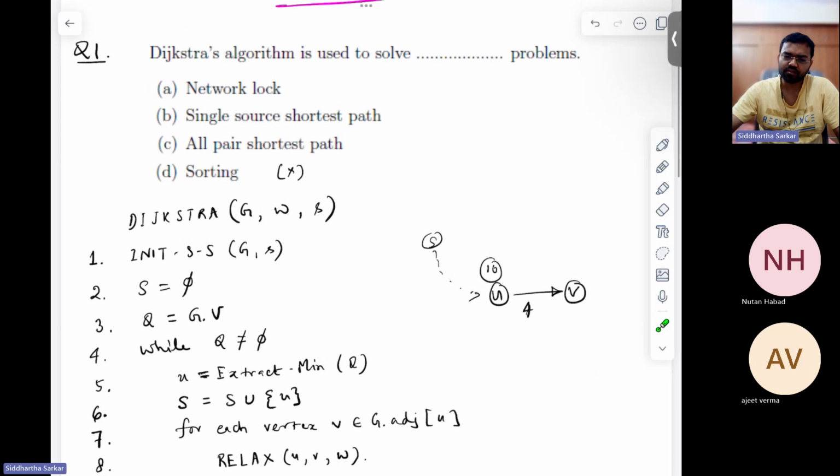So now you can tell me what this algorithm is doing. What is the use of this algorithm? Is it all pairs shortest path, is it single source shortest path, or is it network flow? Any thoughts, any ideas?